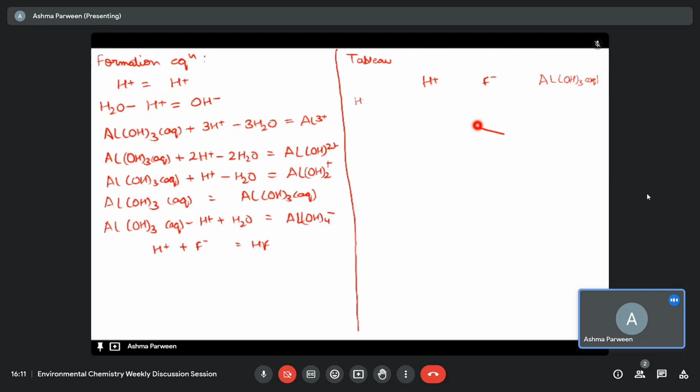Species are H plus, OH minus, Al3 plus, AlOH 2 plus, Al(OH)2 plus, Al(OH)3 aqueous, Al(OH)4 minus, F minus, and HF. All these are the species. So let's see.